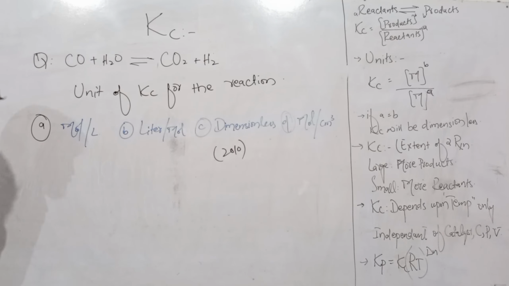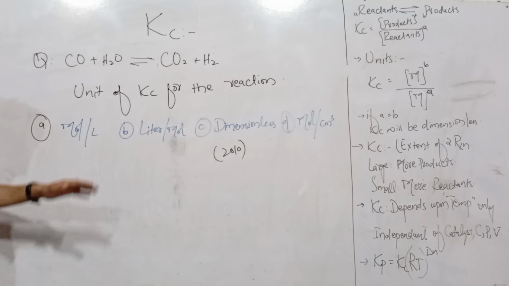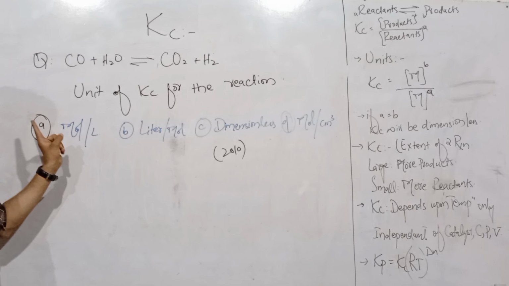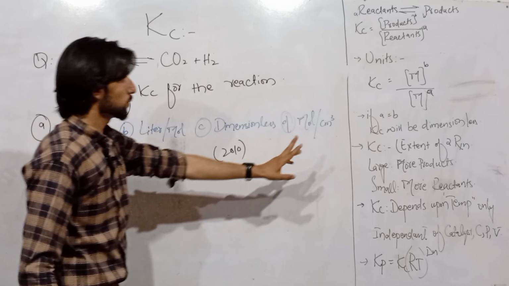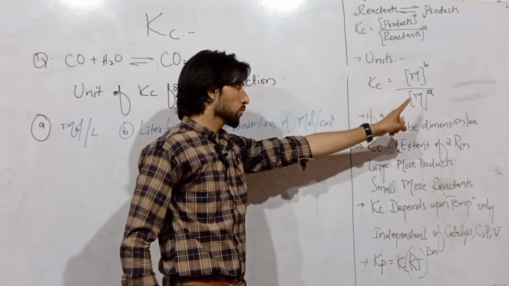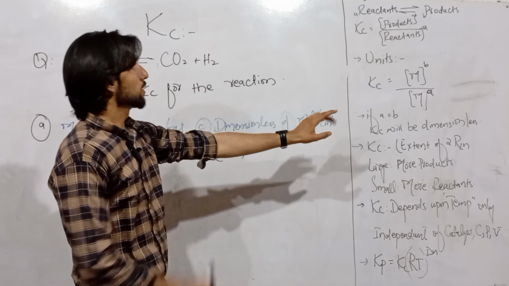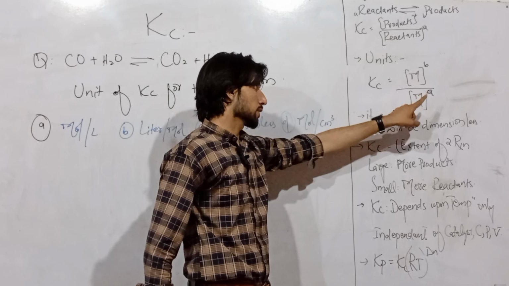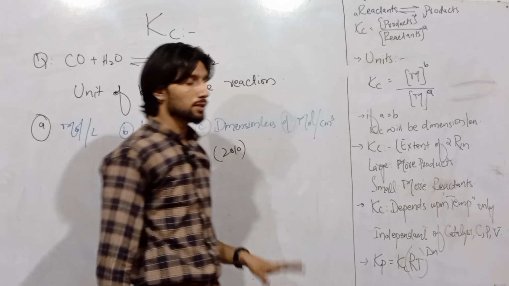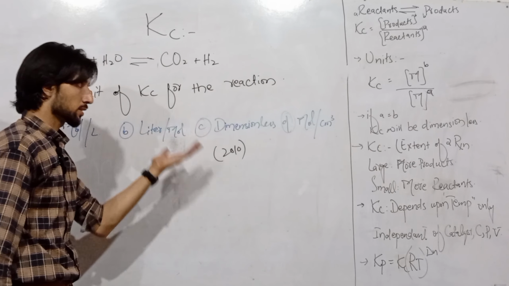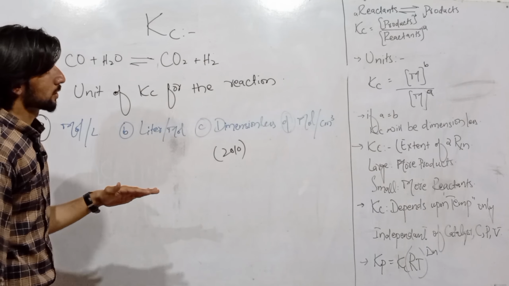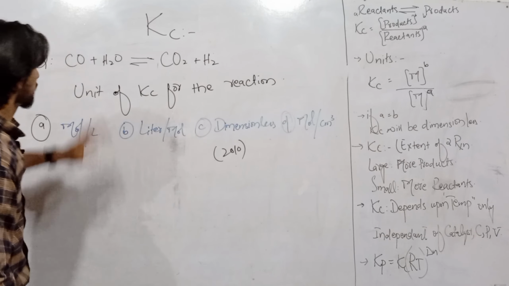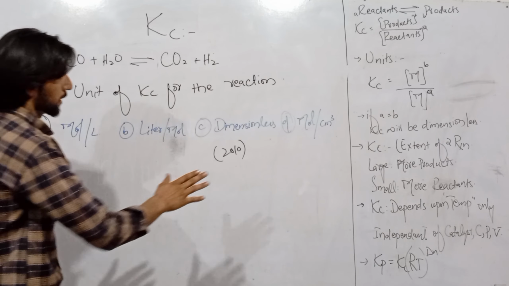So in the 2010 paper we were asked for the units of Kc for the reaction. As mentioned earlier, the unit of Kc can be found from the coefficients. We have to put the units of molarity, moles per dm cube, in the products and also in the reactants, to the power of the coefficients.